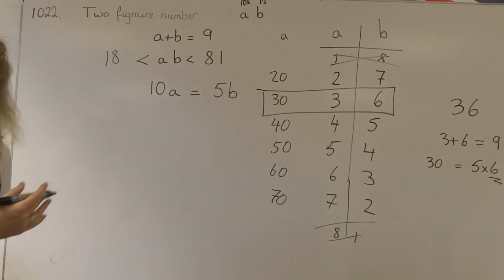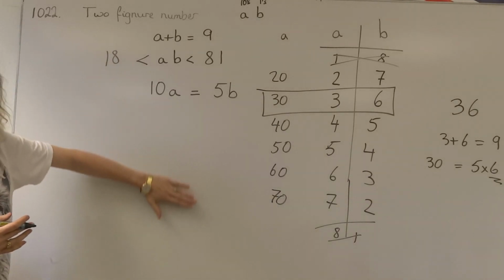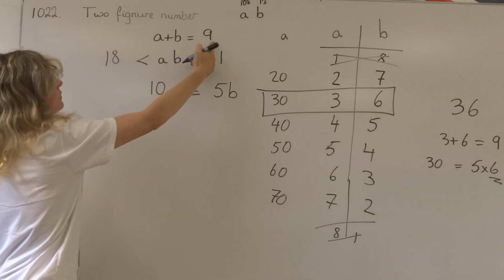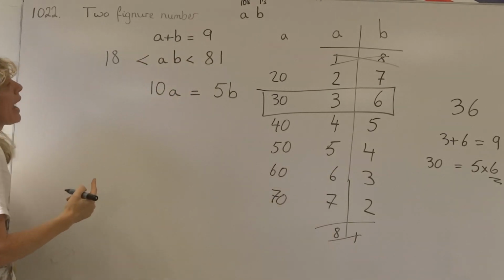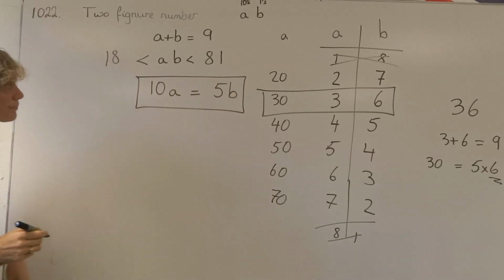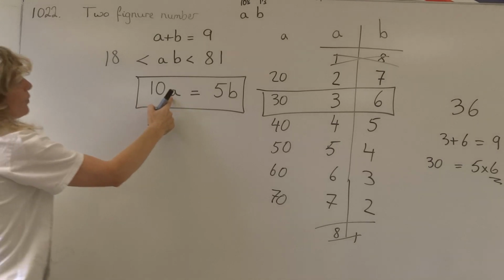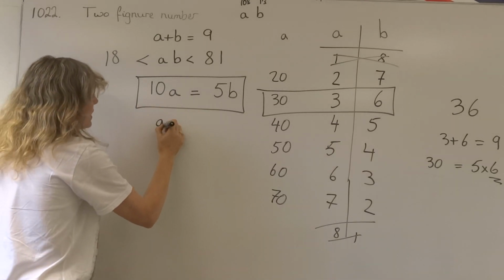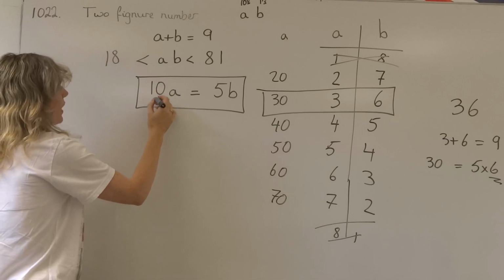How we could do it algebraically, because we now have our equation here, is that we know that A plus B equals 9, and we know that 10A equals 5B. So if we rearrange this to get what A is by itself, we would divide both sides of the equation by 10.